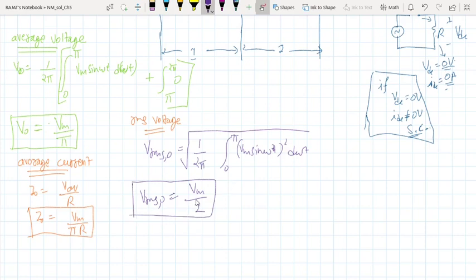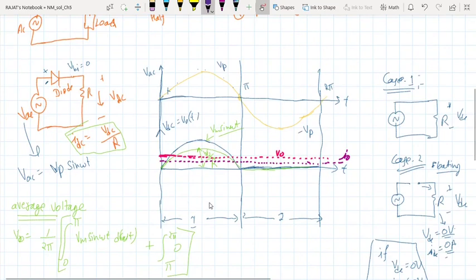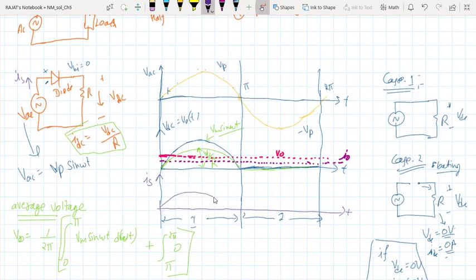Now the question is, what about source current? What current is flowing from the source here? The current depends on the load, what the resistor is, and what current is flowing here, this is the IDC. Obviously if you are talking about the DC current, it is just equal to the load current, so it looks the same.